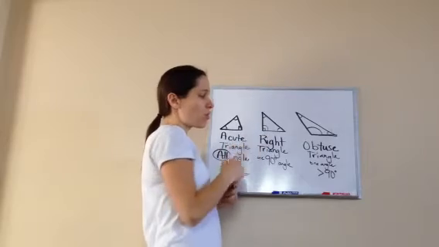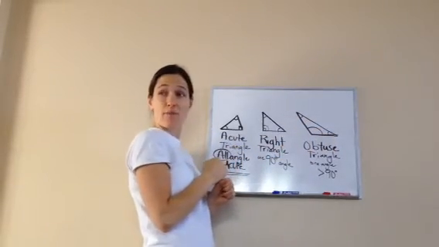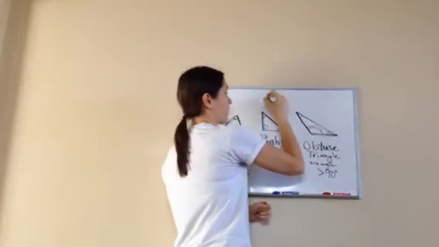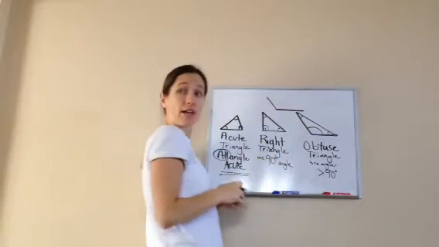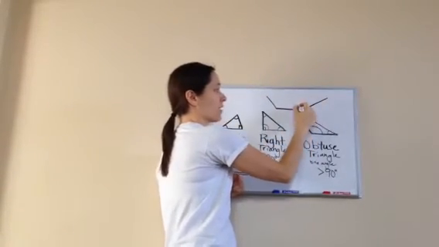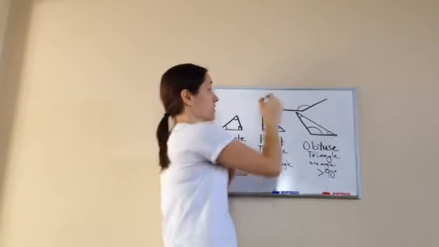Do you see how these two are acute? There's no way to have more than one obtuse angle. You want to see? There's my obtuse angle. And let's say I made this one an obtuse angle. Obtuse and obtuse. Can I make a triangle?